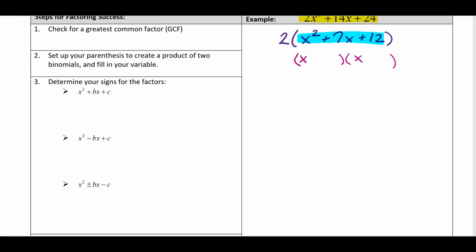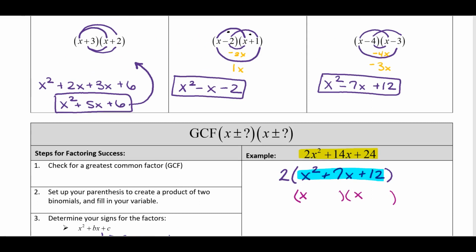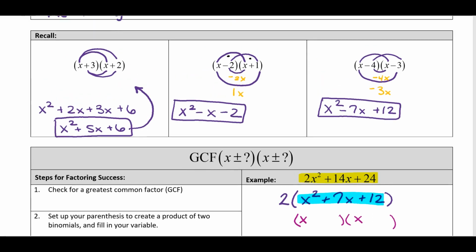So if I have 2 positive signs, we always start by looking at the second sign. If the second sign is positive, this means we're going to have the same signs in our factors. The reason is because when I get my last term, notice up here, when I did 3 times positive 2, that gave me positive 6, my constant.